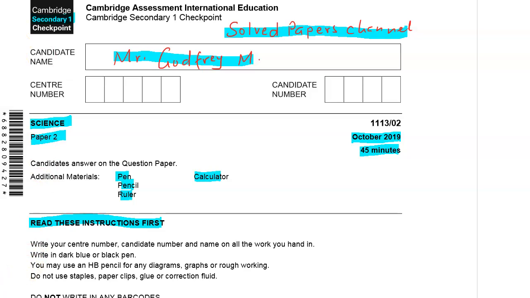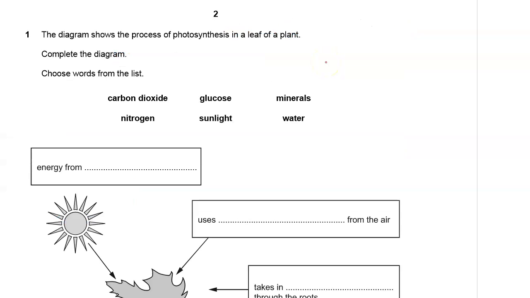Let's get started. Question number 1. The diagram shows the process of photosynthesis in a leaf of a plant. Complete the diagram. Choose words from this list. We have carbon dioxide, glucose, minerals, nitrogen, sunlight, water there.